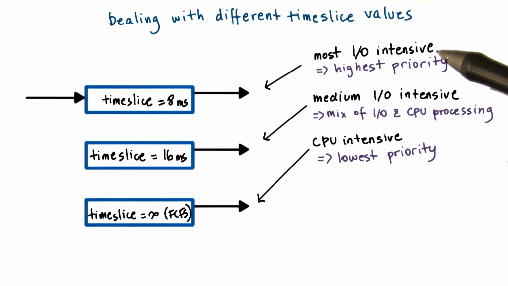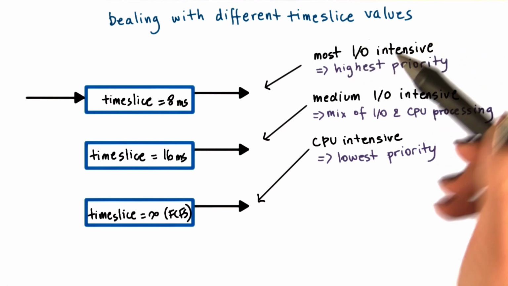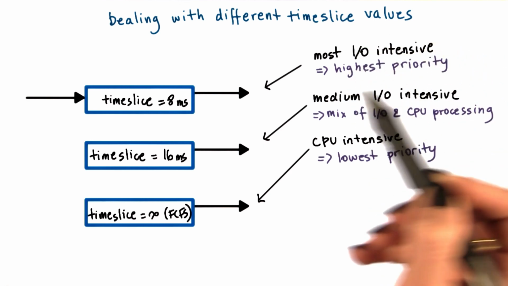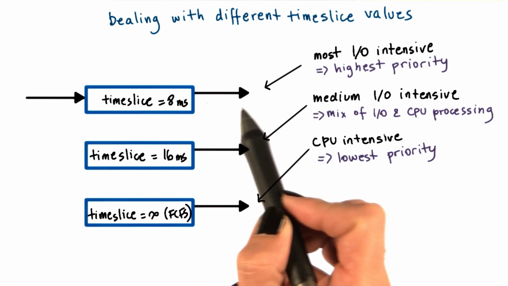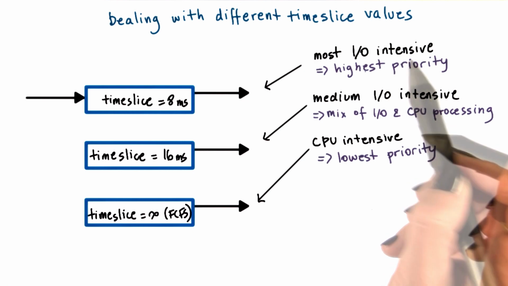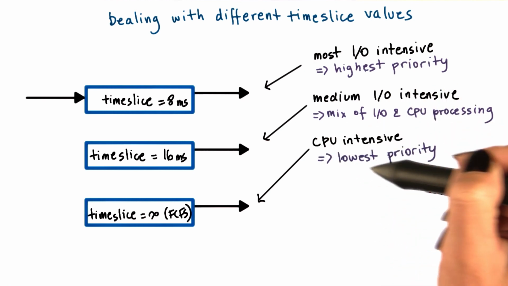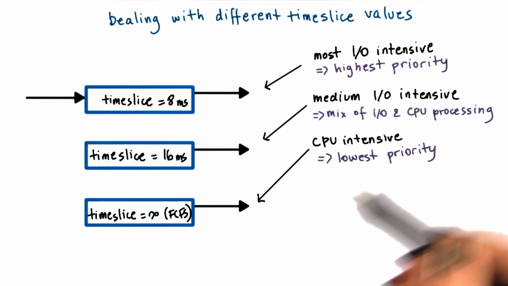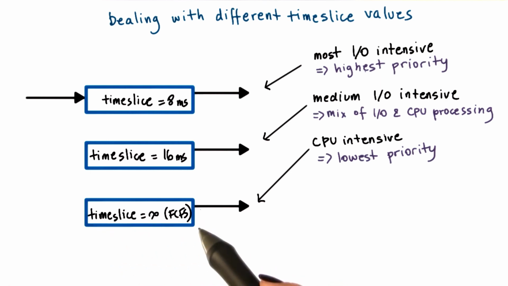From the scheduler's perspective, the I/O-intensive tasks have the highest priority, which means that the scheduler will always check this queue first, the queue that's associated with the I/O-intensive tasks. And the CPU-bound tasks will be treated as tasks with lowest priority. So this queue will be the last one to be checked when trying to figure out what is the next task to be scheduled.